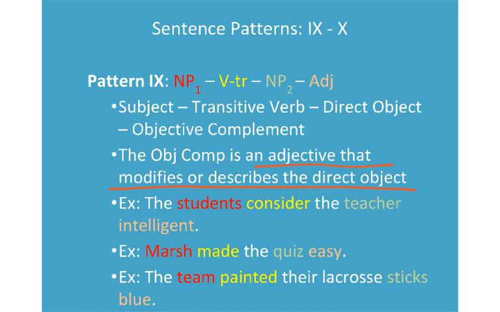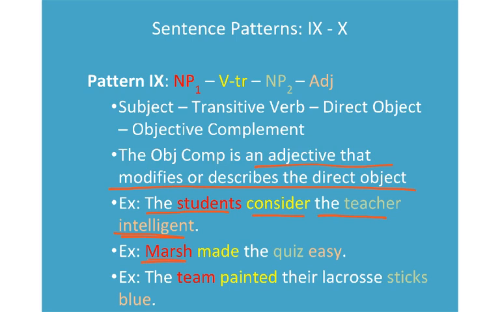We've actually been looking at similar examples to this. Here, the students are the noun phrase, consider is our transitive verb, and the teacher is the direct object. And then what do they consider the teacher? Intelligent. It's giving us more information about, or describing, the direct object.